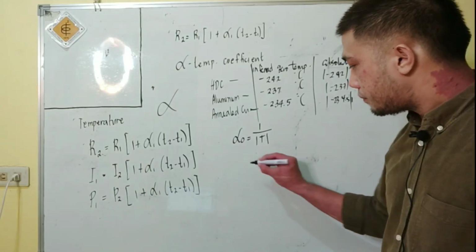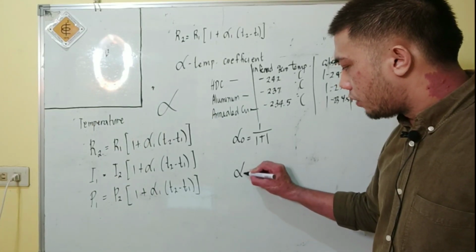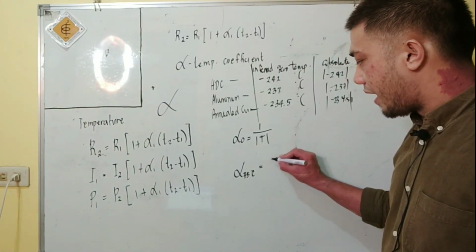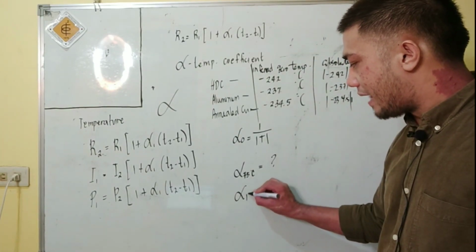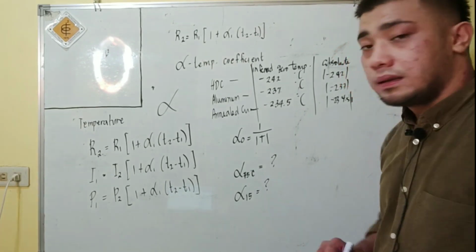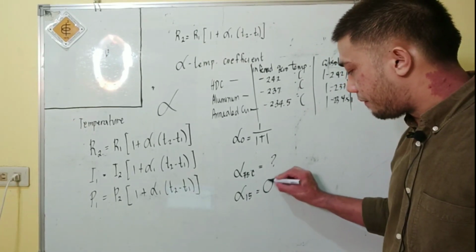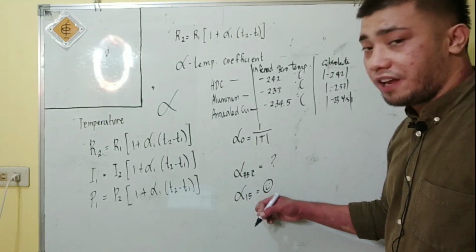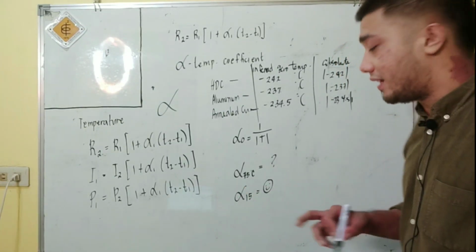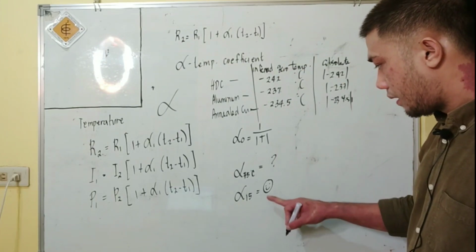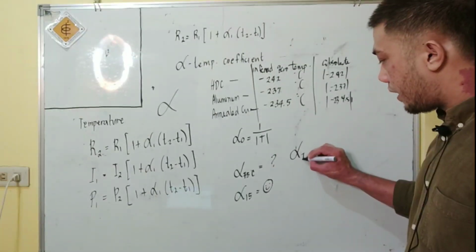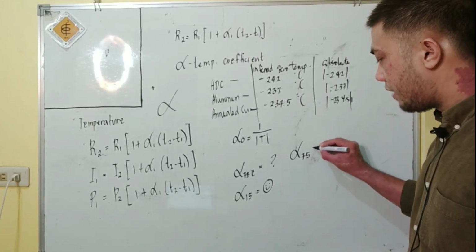Let's say, what if I'm going to get the alpha at 75 degrees Celsius, but my given is alpha at 15? Sorry, this is the given, alpha at 15. Let's say we are going to get the temperature coefficient at 75 degrees Celsius.